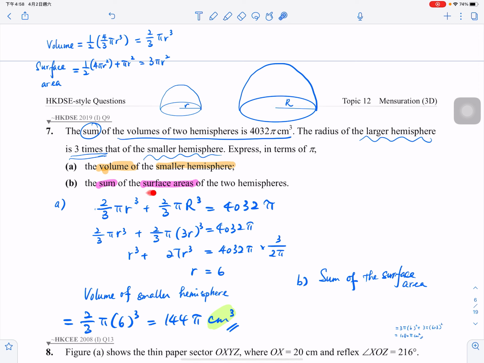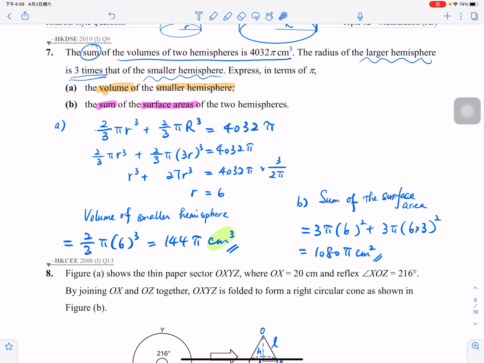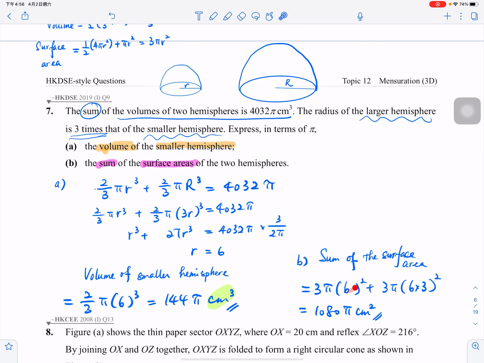Part B, maybe we can easily find it. The sum of the surface areas of 2 hemispheres. That means you add up these 2 surface areas. 3 pi r square plus 3 pi R square. One is big R, right? So let's see. Have a look. Now, 3 pi small r square, and then plus 3 pi big R, which is 3 times small r. So 6 times 3 and then square.